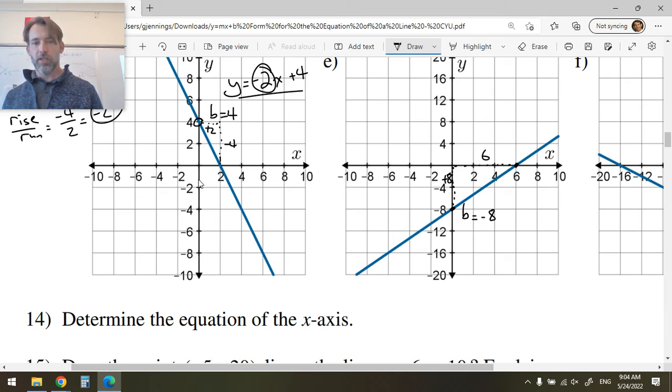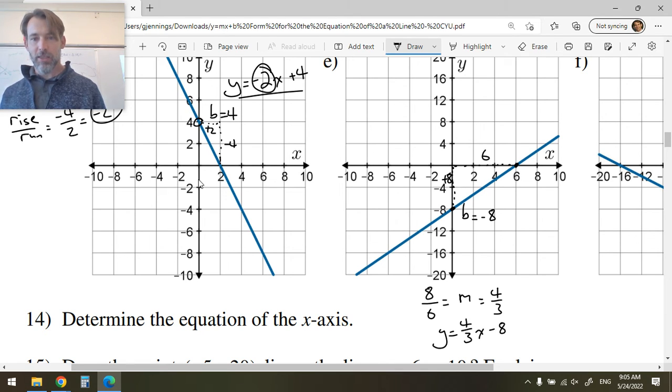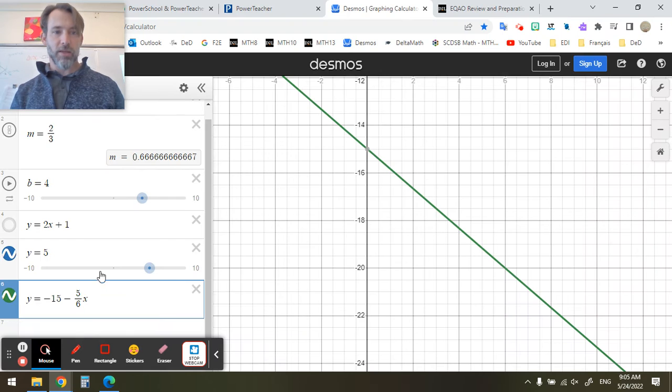So rise over run here would be 8 over 6 is equal to m. And that's the same thing as saying 4 over 3. 8 over 6 is 4 over 3. I just removed the superfluous factor 2. So this one will be y is equal to 4 over 3 x minus 8. And then I can check that, of course, in decimals and make sure that the two lines are the same.